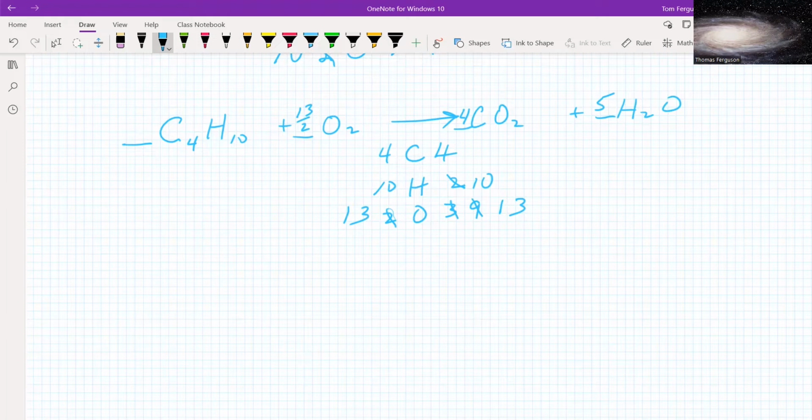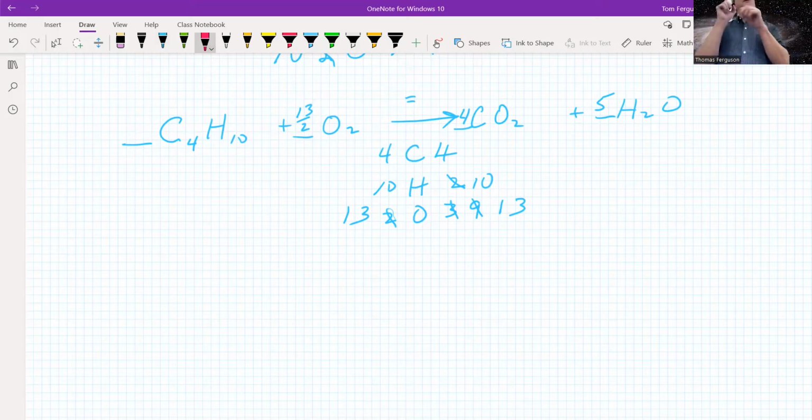So what can we do to clear the fraction here? How do you clear fractions? By what? By 2, exactly. So we multiply the whole thing. Think of this as an equation. If we multiply 2 by the 13 halves, we'll end up with 13.